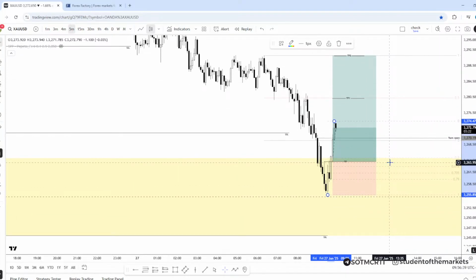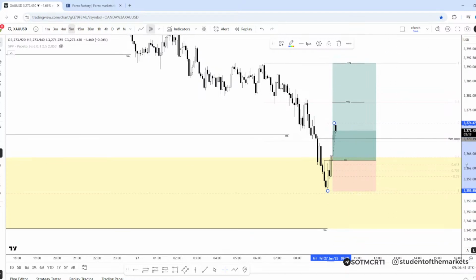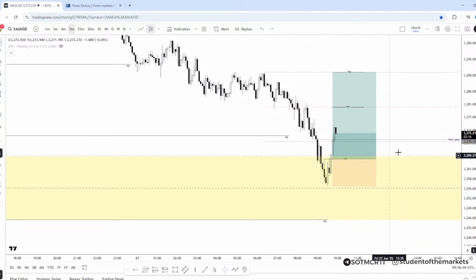But I think that this order block below the 50% would be good to take a trade off.